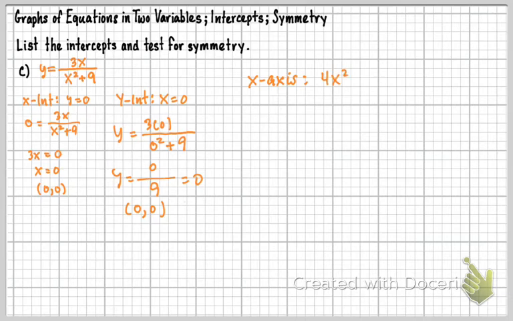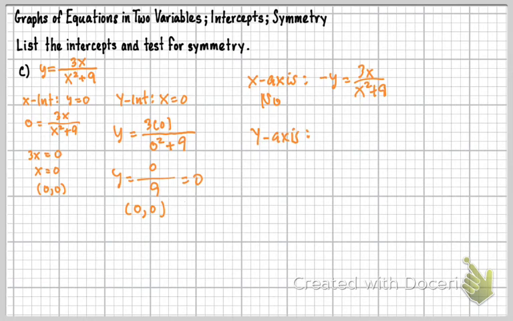So 4x squared. Oops, what am I doing? I'm doing the last problem here. Whoa, okay. So my y is going to be negated. So negative y equals 3x over x squared plus 9. And clearly we can see that that's not the same equation. There's no simplifying it so that it is. So no.